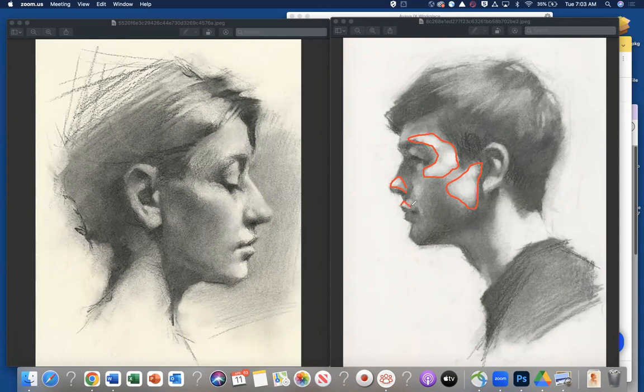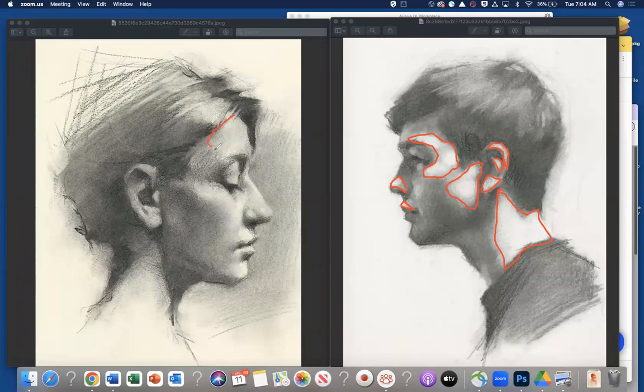So on this particular person and in this particular lighting, this is where the light shapes are located. A couple in here, you can just suggest and see how simplified this is. Look at the ear. It's 1, 2, 3, maybe 4 shapes, more shapes than that, like 5 or 6, but it's 3 values. So that would be the light shapes.